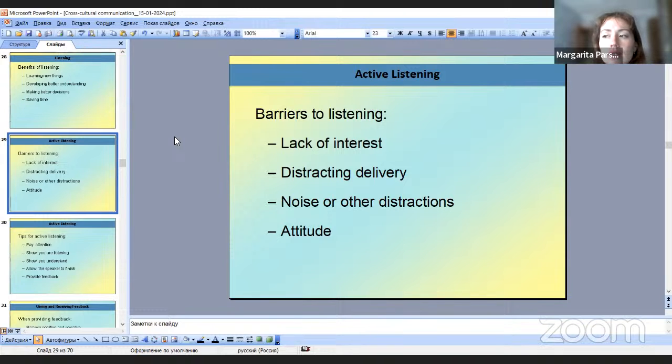Why they believe something or not, something they would like to say, or something this person or people agree with or do not agree with, and some reasons which can be a barrier to good listening and understanding: noise or other distractions.